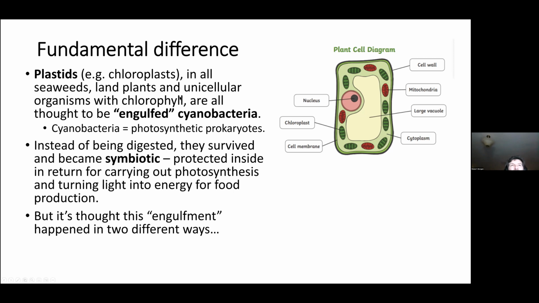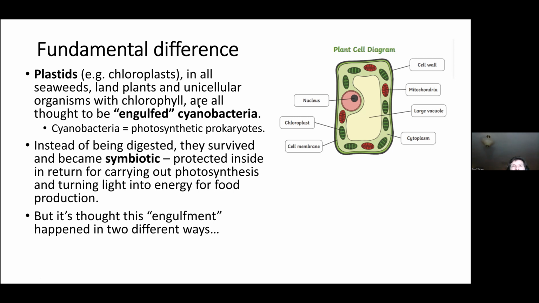It's thought that these chloroplasts and similar things to chloroplasts are all actually engulfed cyanobacteria, the same sort of bacteria that are in lichens. And for some reason, back over 1,000 million years ago, a cell swallowed a cyanobacterium, which it would normally eat and digest.